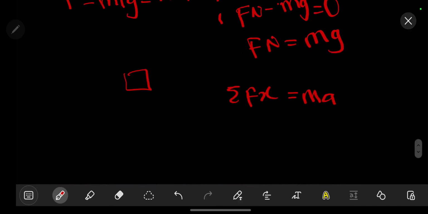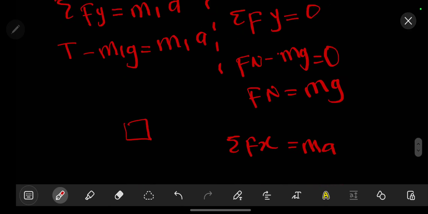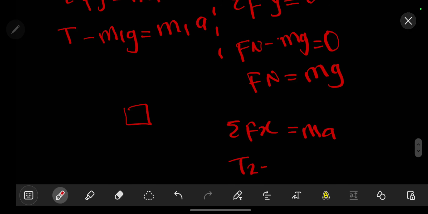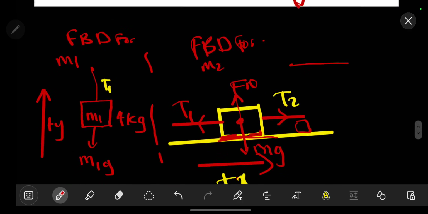So what we have is that the one in support is tension number 2. So we are going to say T2 minus T1, and another minus our frictional force. Remember, there is friction. If the object is moving in this direction, friction will be acting in the opposite direction like that. So this will be our frictional force.